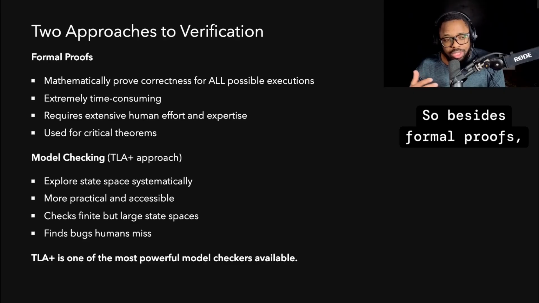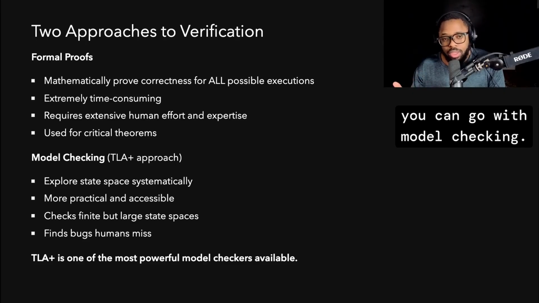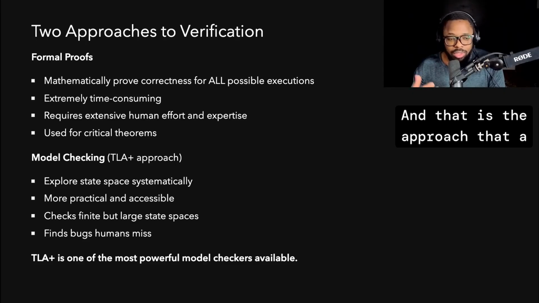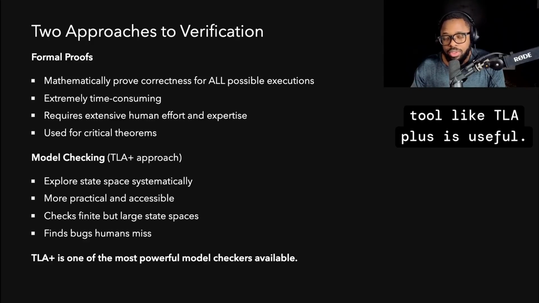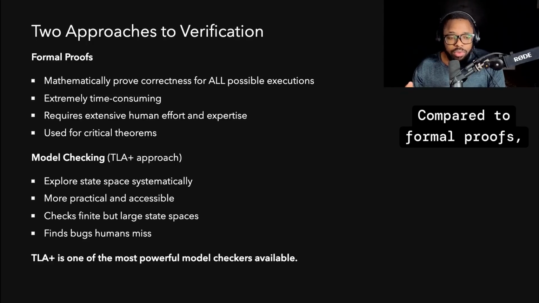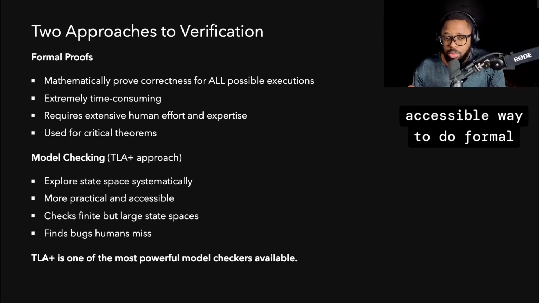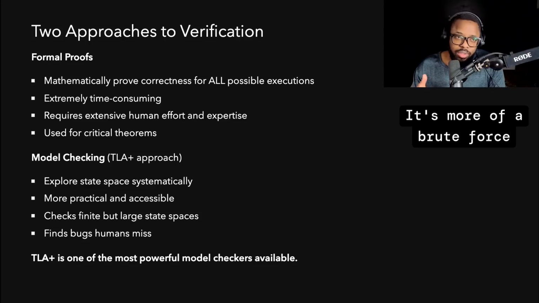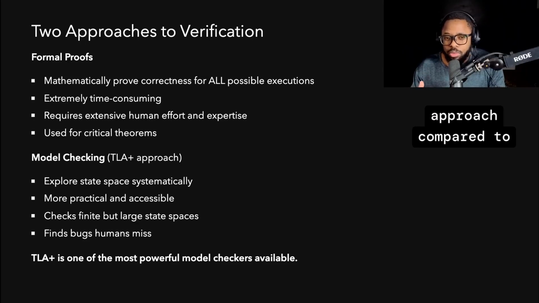So besides formal proofs, you can go with model checking. And that is the approach where a tool like TLA Plus is useful. Compared to formal proofs, it's a more practical and accessible way to do formal verification. It's more of a brute force approach compared to formal proofs.